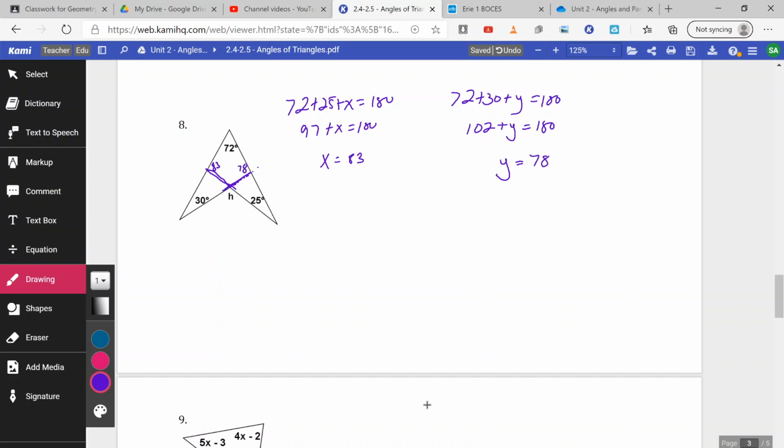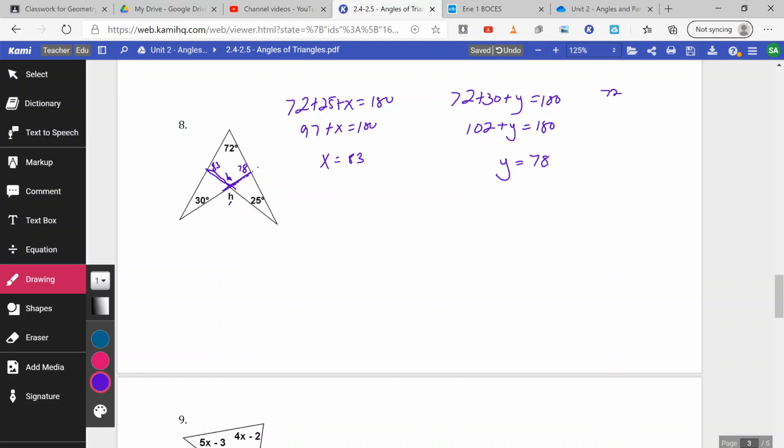So what we really have here is a missing angle here and H. So if I think about it, I have two lines. I end up with a vertical angle. So if this is H, I can say this angle is H as well. So here we have a four-sided figure where if I add up all four angles, I'm going to get 360.